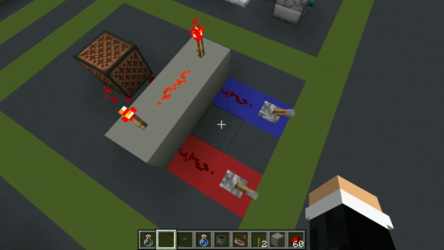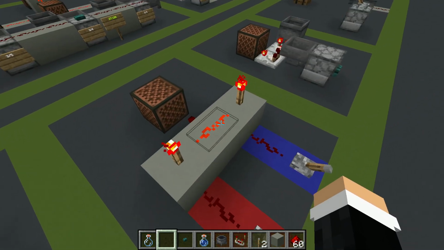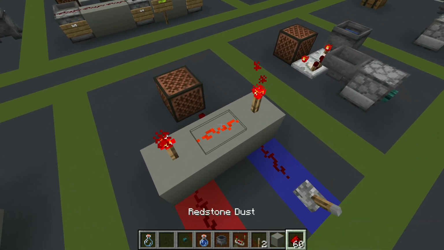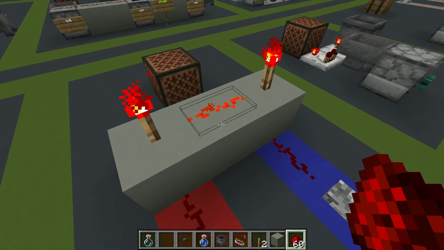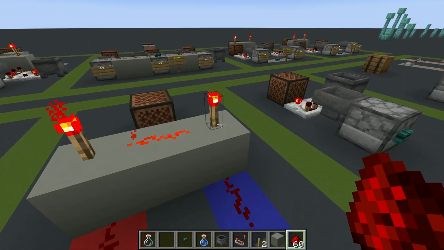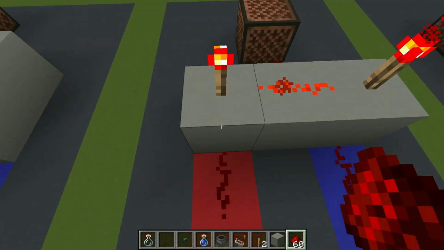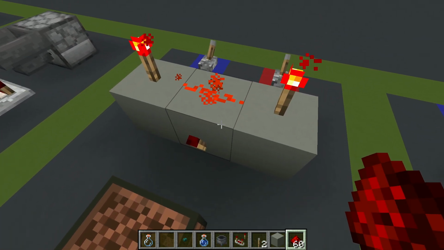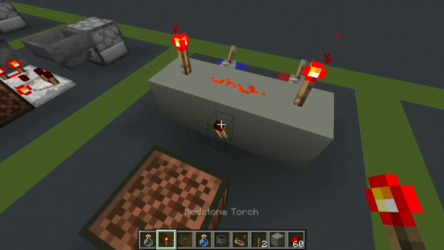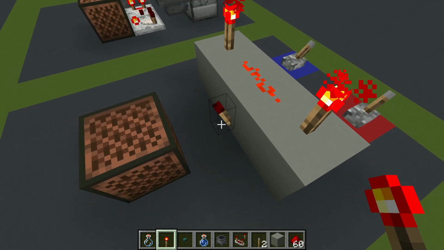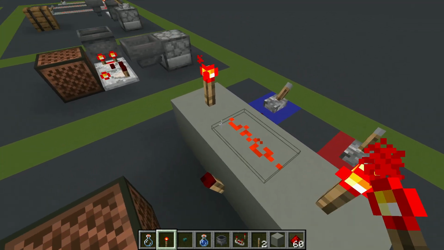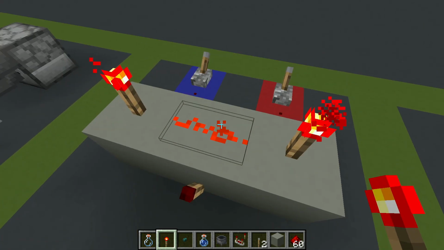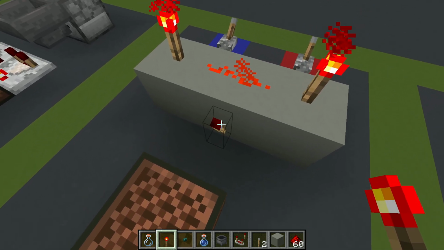So the way this works is that we have 2 redstone torches here, and they're connecting to a piece of redstone. So essentially the redstone is going to be powered because it's right next to the torches, and as long as these torches are both on, the redstone will be powered. And the redstone is powering the block below it. And if you recall from redstone torches, if a redstone torch is powered, it will be off. So because these torches are powering this, that has this torch turned off here.